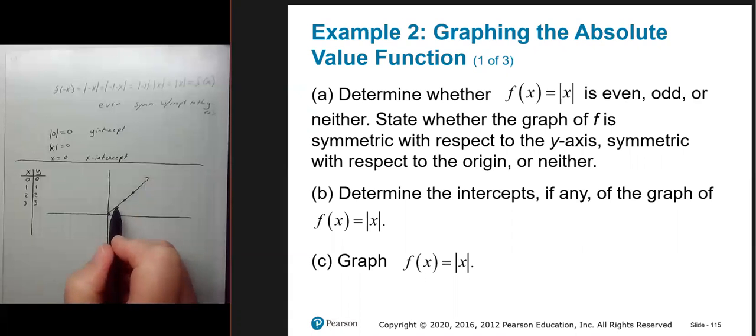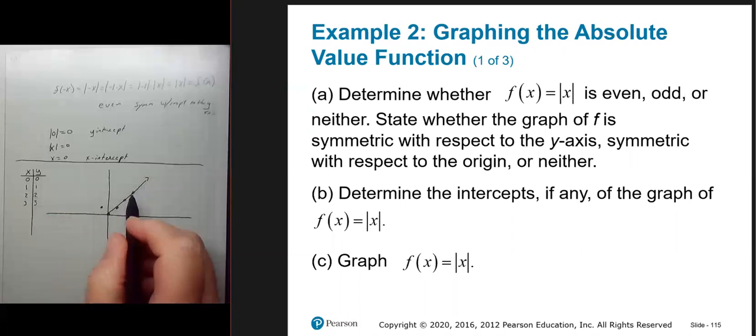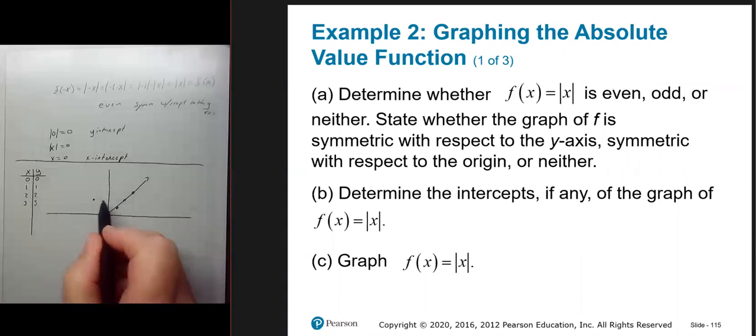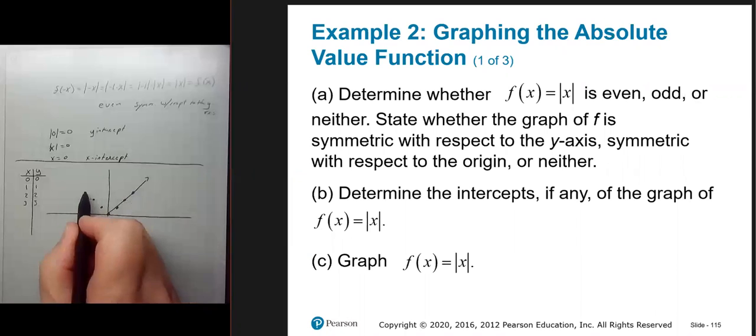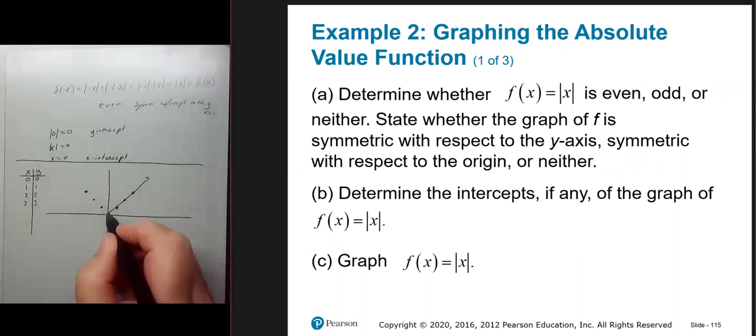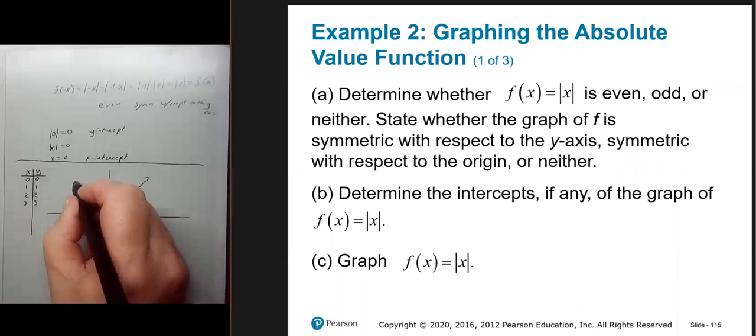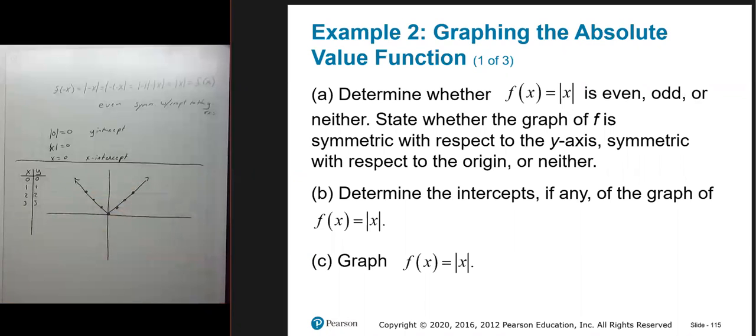But changing the x value 1 to -1, that brings us over to here. Changing this x value negative brings us over here. And changing this x value negative brings us over here. And so now we have this graph, the left side of the graph, the left arm. And we'd be done with the graphing.